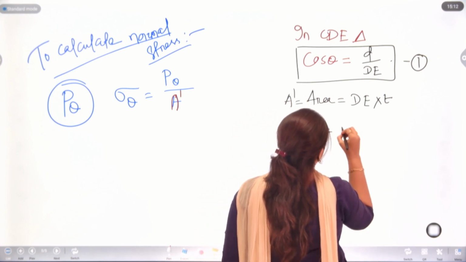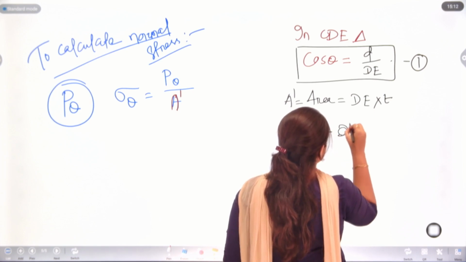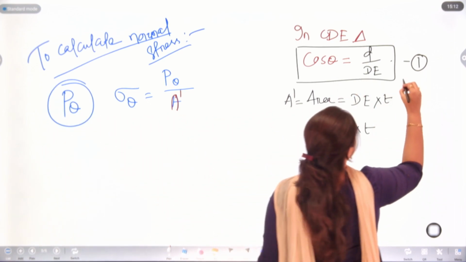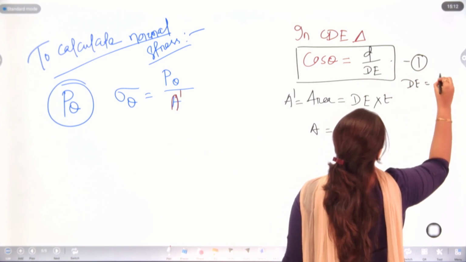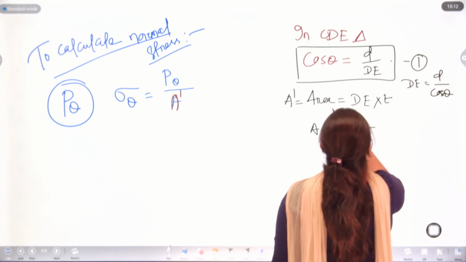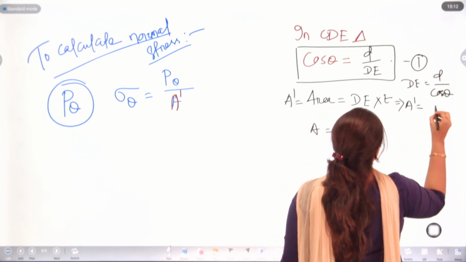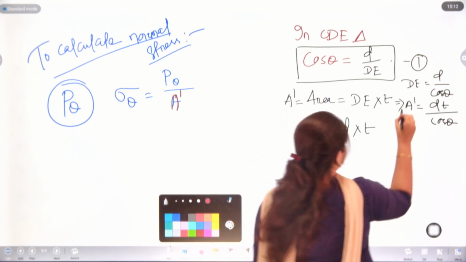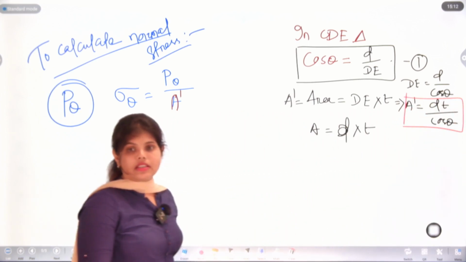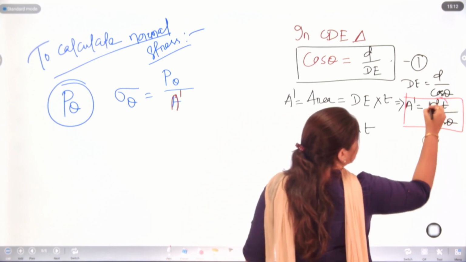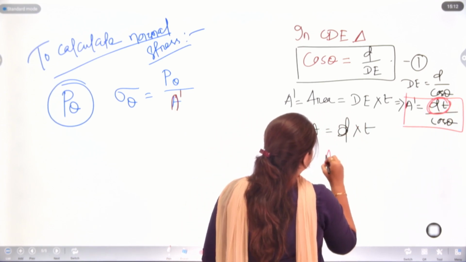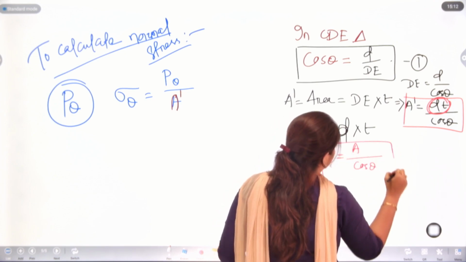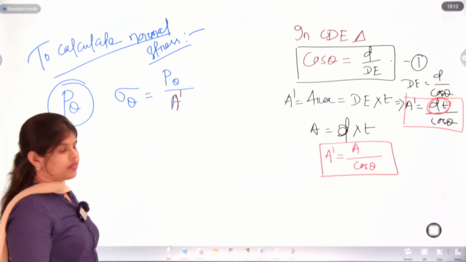A will be small d into T. But here we have DE as D upon cos theta, and our A dash will be dt upon cos theta. Yes or no? Yes. So, can we write A dash equals A upon cos theta?